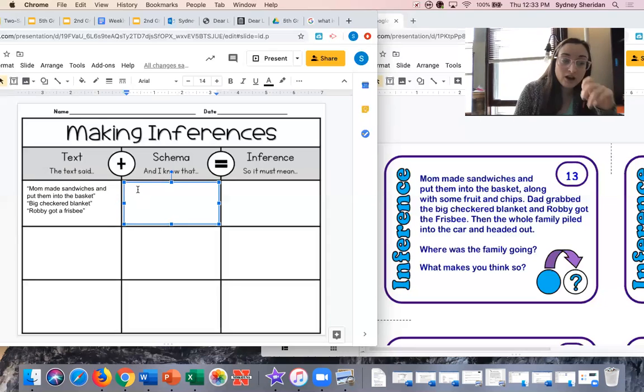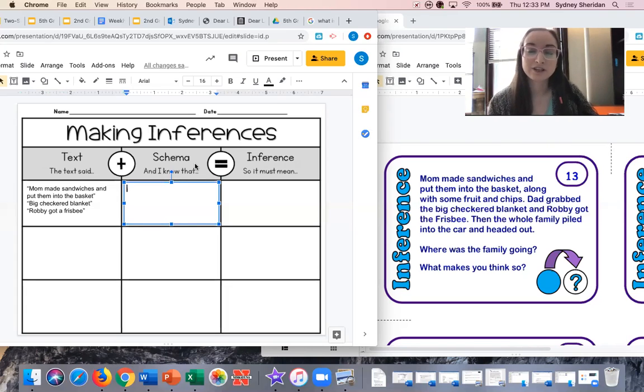I also know, and this is where in this section of the chart it says schema. Your schema is really all the information that you already know about a topic, kind of like a category you have in your own brain with information that you've already learned from your own life, other experiences, movies and books, and everything that you've learned outside of the text that you're reading right now.